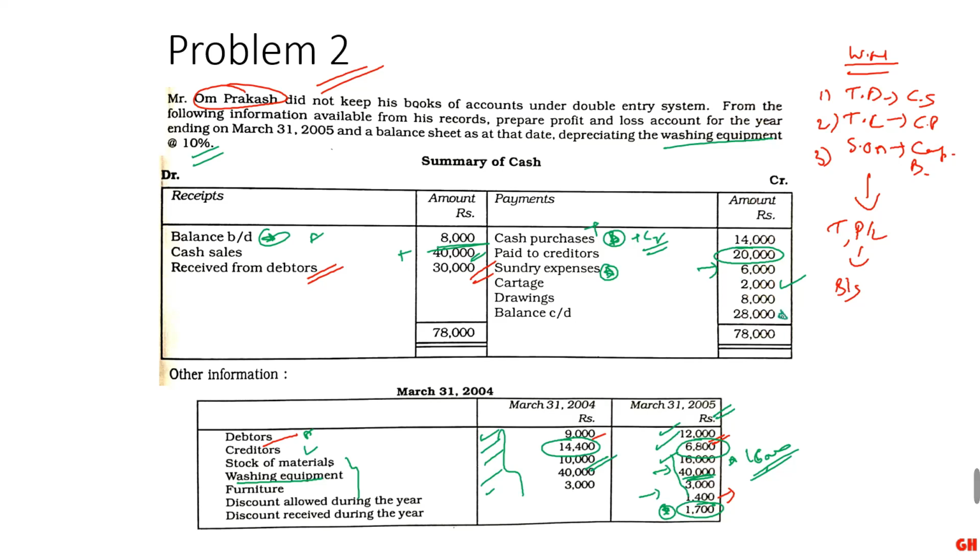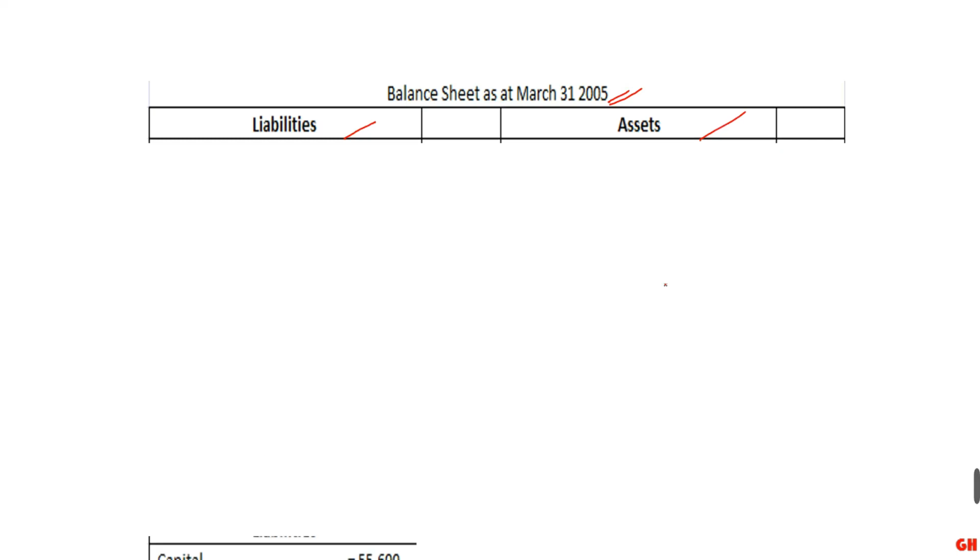Plus this cash account is the closing balance. It will be asset. It's the same as statement of affairs. Then we need to show the capital which we have calculated from statement of affairs, and we have to deduct drawings also, because drawings is not related to business, so that needs to be deducted.